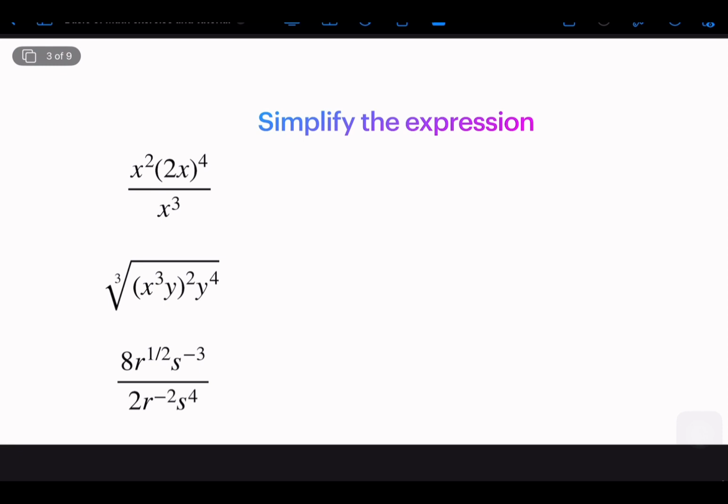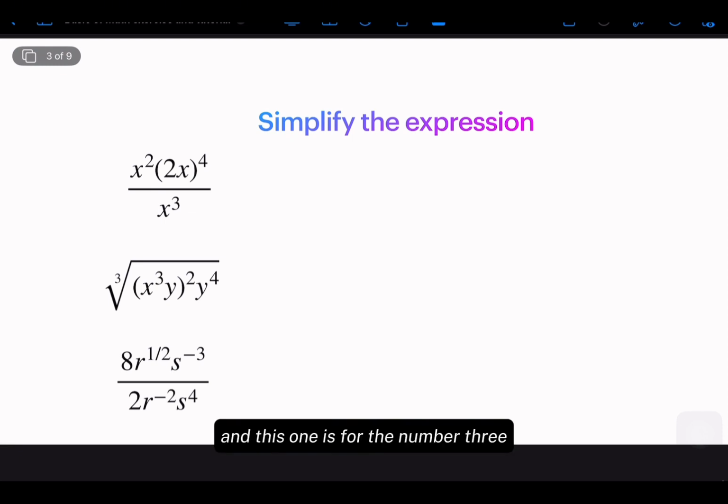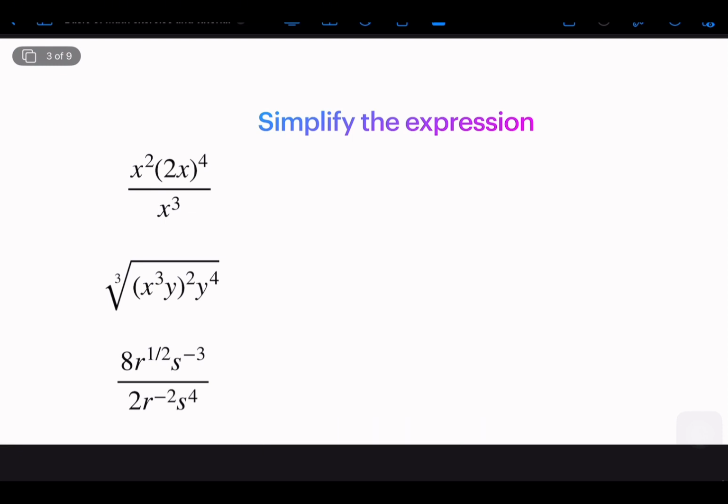Okay. And this one is for number 3. Still right? Anyone? It means simplify means like you what? Which one, left or right? Maybe you can choose.